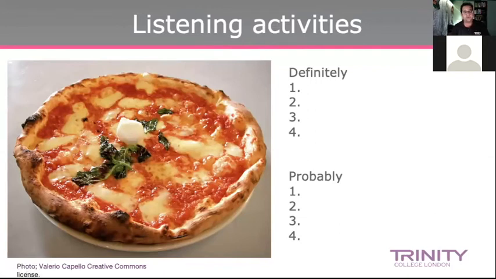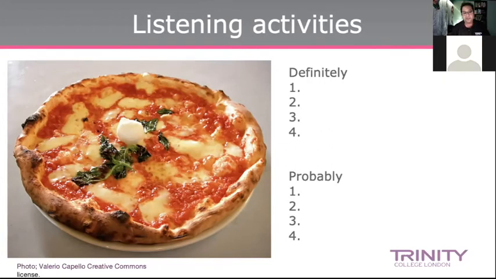You can put a picture of, in this case, a lovely looking margarita pizza on for reference. And here you can then ask students, on a piece of paper, to write out definitely or probably 4 words that you are going to use while you will be talking about the picture.